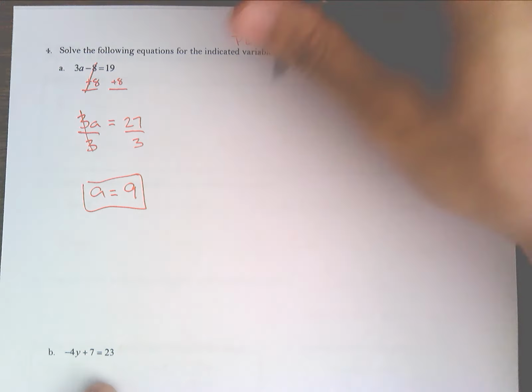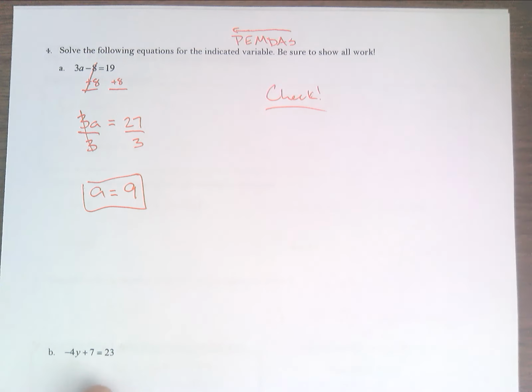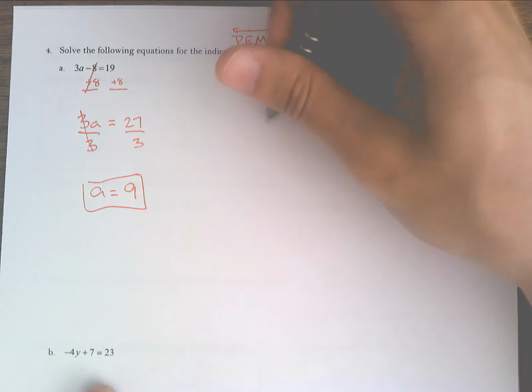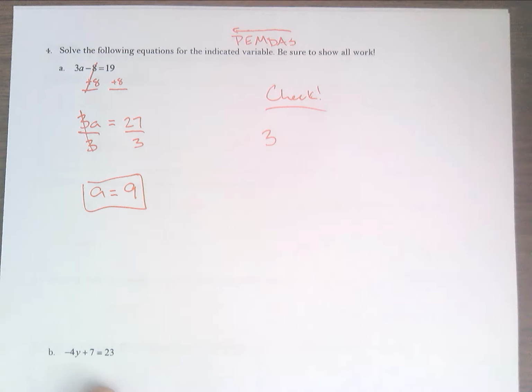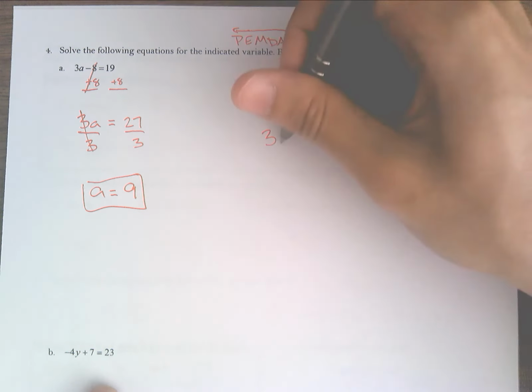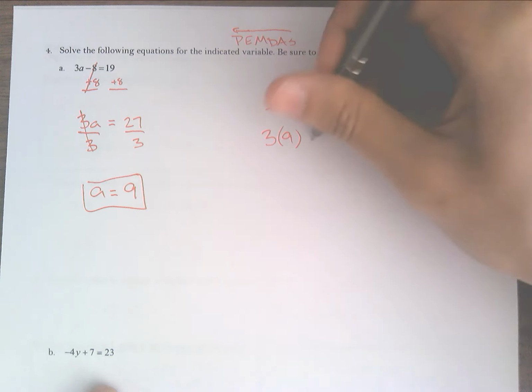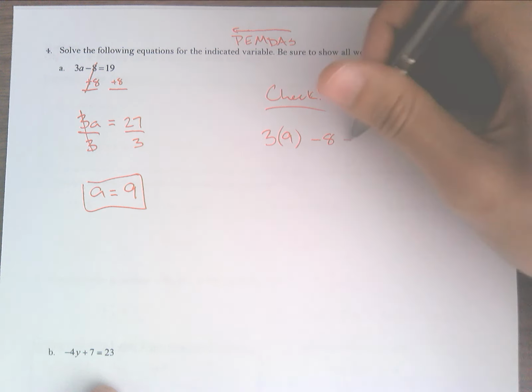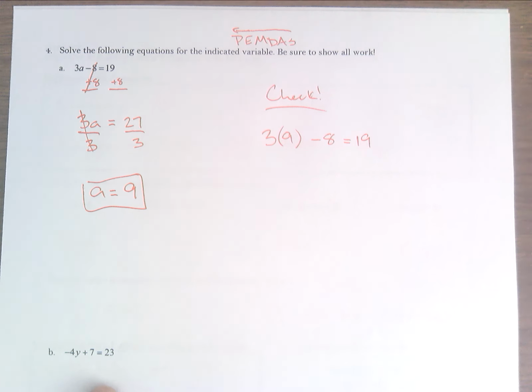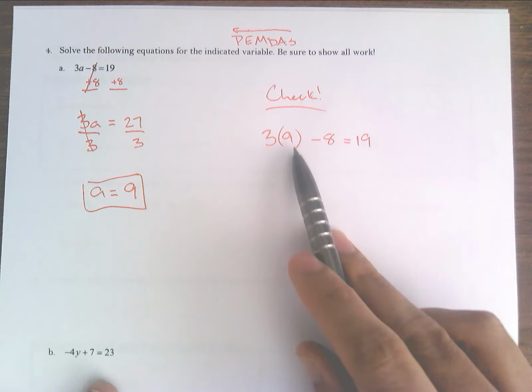We're going to check our work. So our original equation is 3a minus 8 equals 19. So plugging in 9 for a, we have 3 times 9 minus 8 equals 19. And by the way, it's good practice whenever you're substituting back in to substitute it in with parentheses.